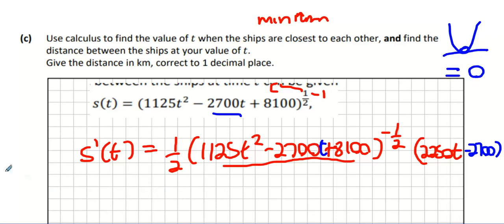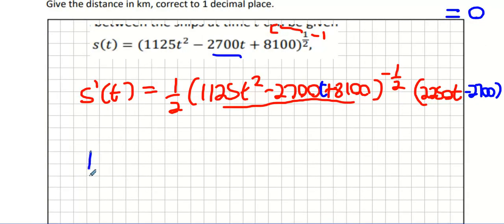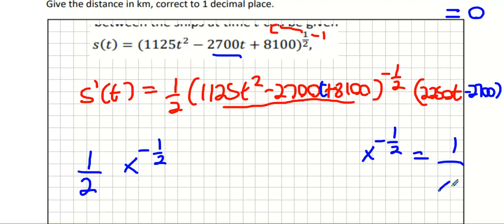So this whole thing, which is going to be 1 over 2. Now, if I had x to the power of minus a half, that is basically 1 over x to the power of a half. Same thing as x to the minus 3 is 1 over x cubed. So this whole thing to the power of minus a half is going to put it on the bottom. Okay, so it's going to put the whole thing on the bottom.